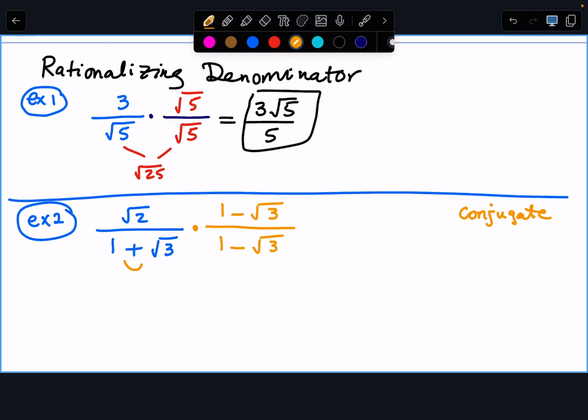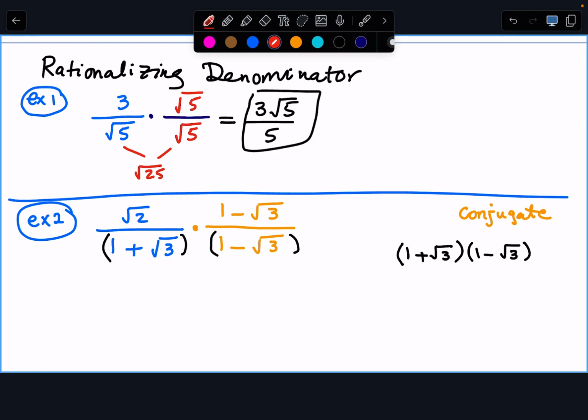Okay, I'm going to remove these lines. What I want you to do is multiply the denominator by the denominator, because I want you to see how the radical disappears here. So let's just do 1 plus root 3 times 1 minus root 3.